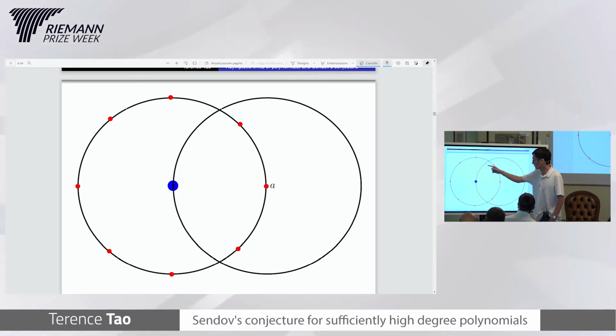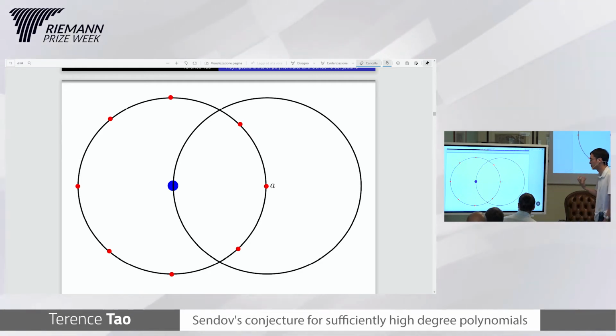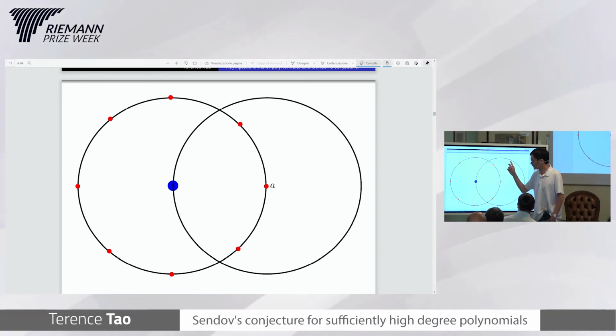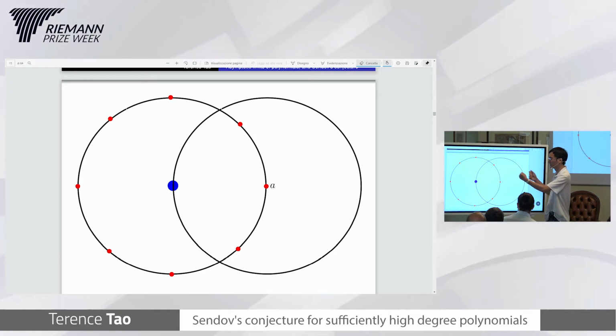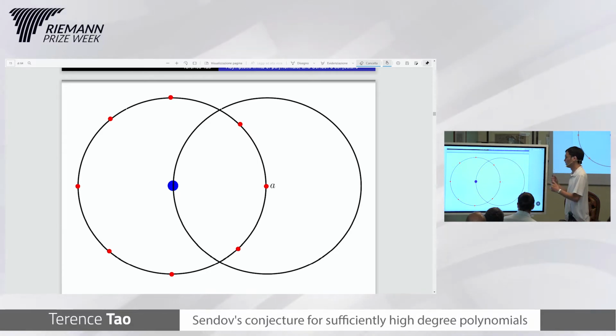And so here, Sendov's conjecture is completely sharp. You can't do 1 minus epsilon. You can't replace 1 by anything smaller. So this is the equality case of Sendov's conjecture. And it's conjectured that this is basically the only case where Sendov's conjecture holds with equality, except for rotations and multiplying by a constant.